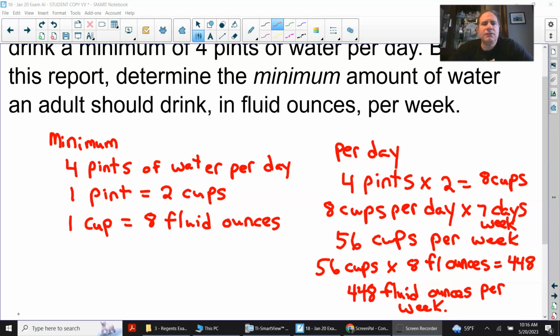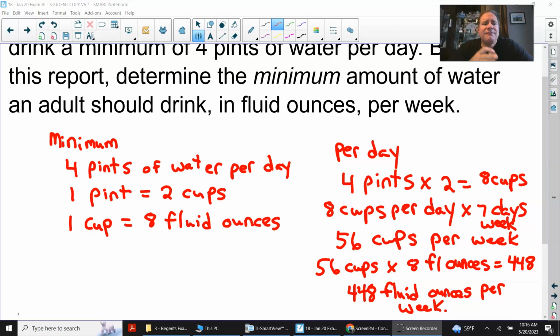So per day, you take the 4 pints of water and you times it by 2 to convert it into cups. So you have 8 cups. You're supposed to have 8 cups as an adult of water every day. So there's 7 days in a week, so you do 8 times 7. So that's 56 cups of water that you have to consume every week.